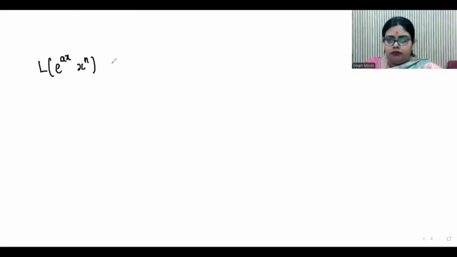Now using the first shifting property, we have a few important results. So note down those results. L of e power ax x power n is equal to n factorial by (s minus a) power n plus 1.